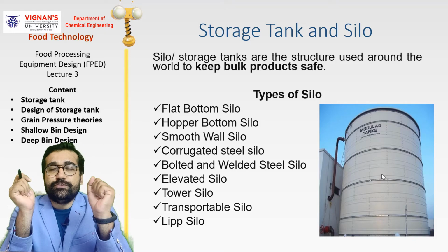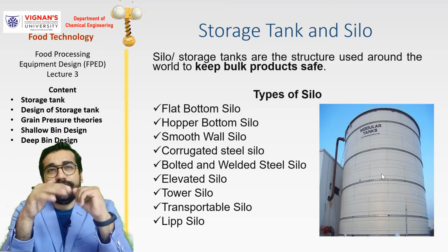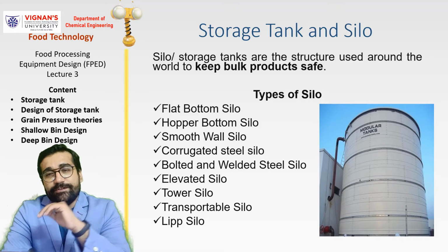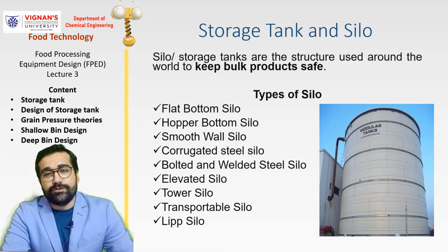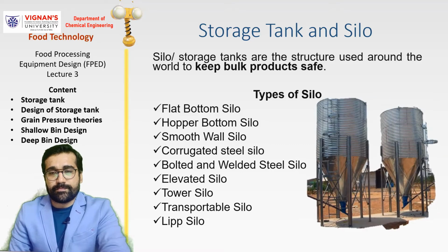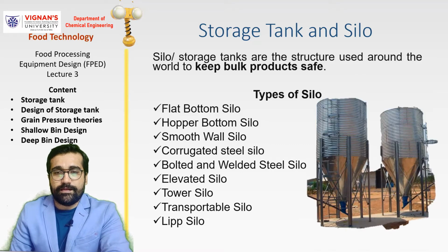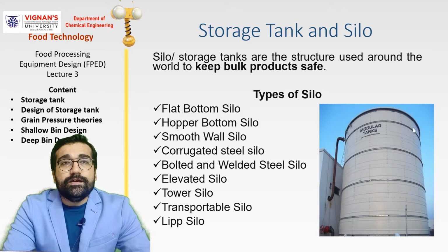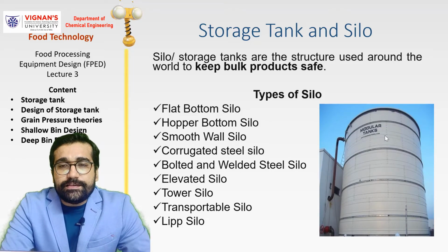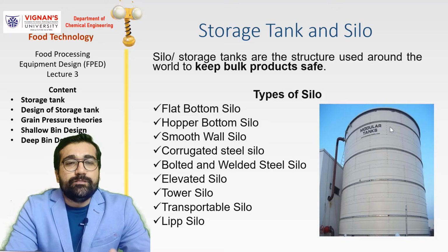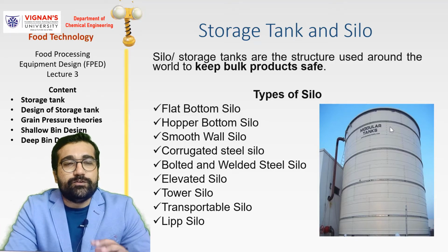This type of silo has bolts or is welded on the bolts. Let me go back. Here we can see these are the bolts, and these are the bolts welded on the silo. So this is a bolted and welded silo.